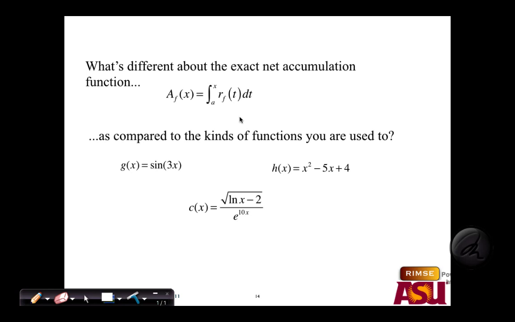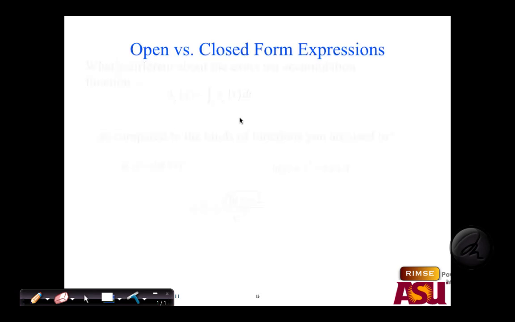Those are called open form functions, or open form expressions. This is open form, meaning, all right, I can see what it expresses, but it doesn't really tell me how to do it efficiently. It's something that a computer will have a mechanism to do, but I don't necessarily have a way to do that in a finite amount of time.